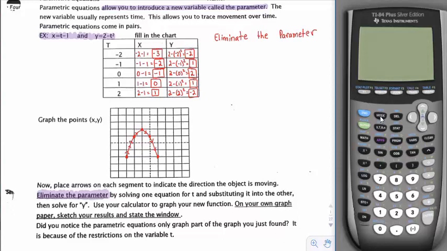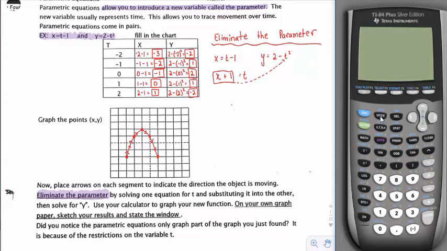Okay. So in order to do that, we are going to take this equation, x equals t minus 1, and I'm going to solve that for t. And it's like solving a system of equations. You'll see what I mean here in a second. So now that I have that t value solved, I'm going to take this second equation, which is solved for y, and we're going to plug in this x plus 1 value in for t. It's like, again, in algebra when we would solve a system of equations by substitution.